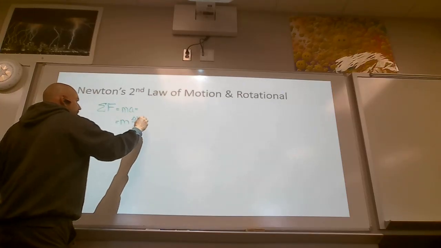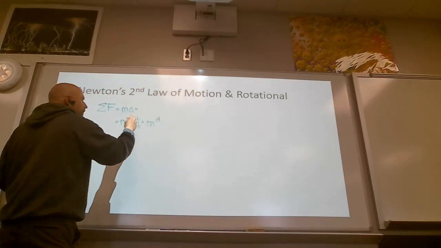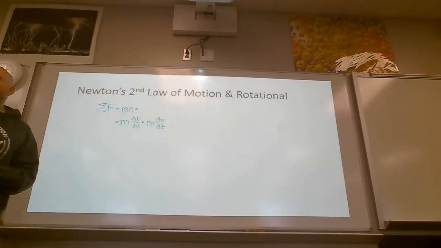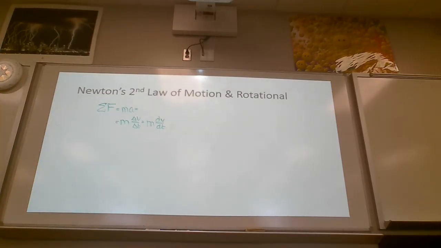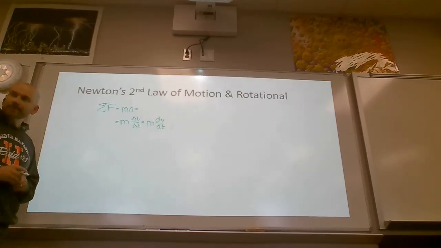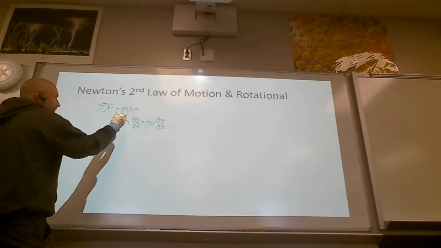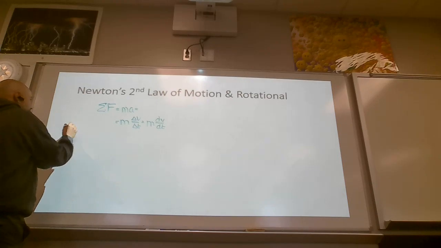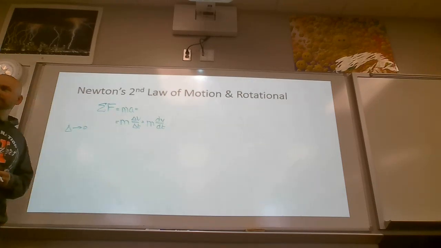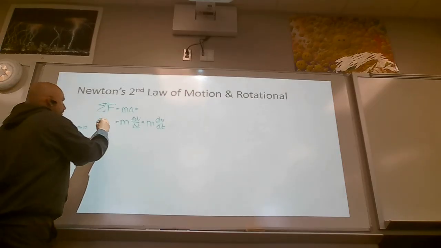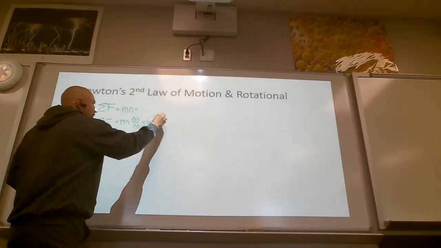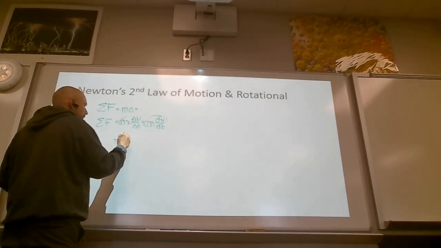I'm doing this algebraically, so anytime we have a delta, we're going to change that to a very small, infinitesimal change, which is the differential. Delta differential is just the limit as our delta approaches zero. So this we can change to change of momentum.